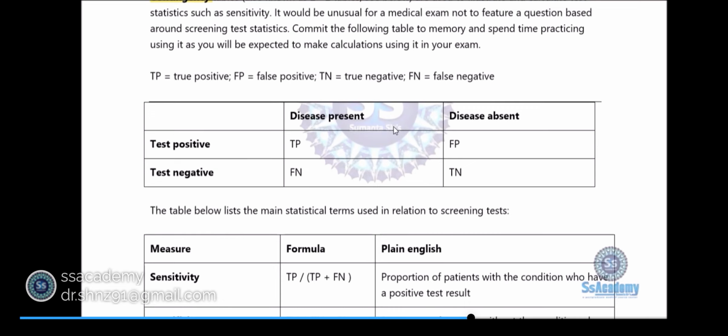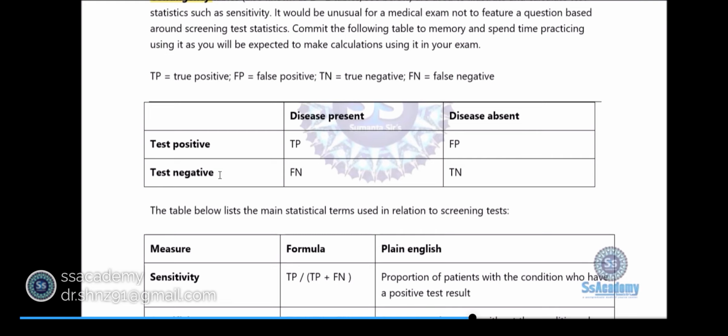Right, very simple. Test positive, disease present: we got a positive test result and the disease is present, so this is called a true positive. Disease absent but the test positive: this is called a false positive.